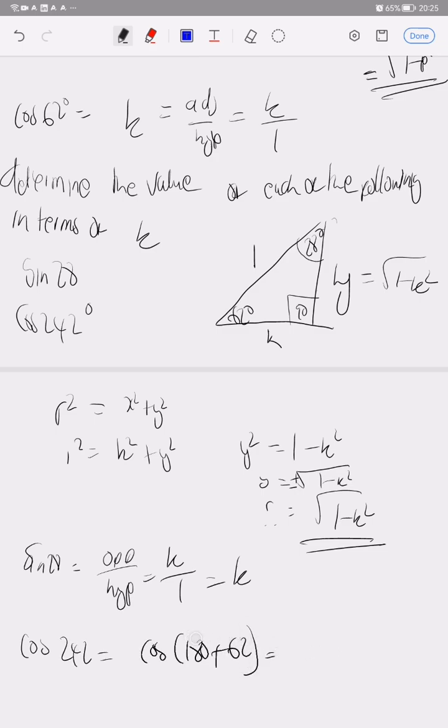This one is in the third quadrant, where cos is negative. So it's negative adjacent over hypotenuse. My adjacent is k, hypotenuse is 1, which gives negative k.